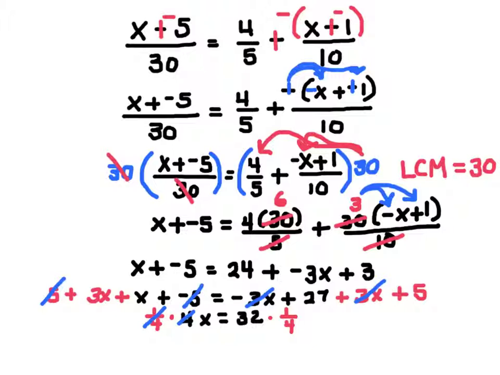So 1x, or x, is equal to 32 times 1/4, which is 8. So the solution to this equation is x is equal to 8.